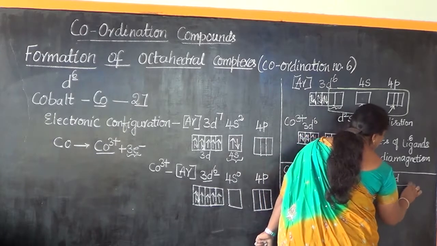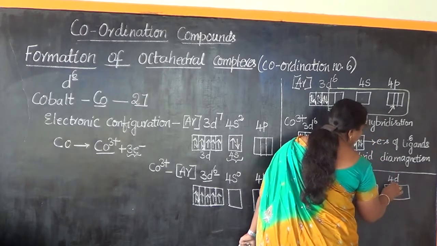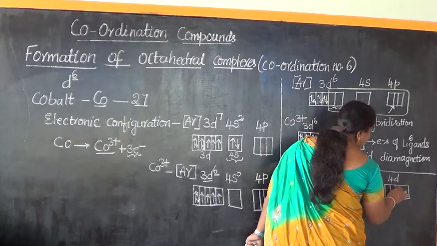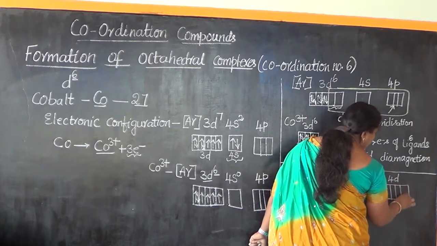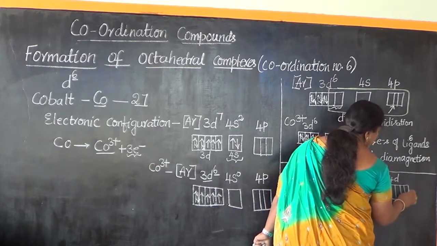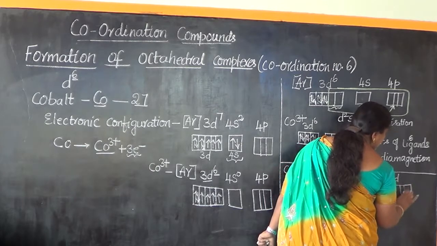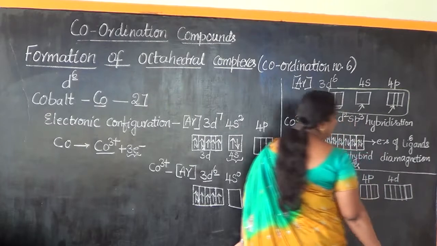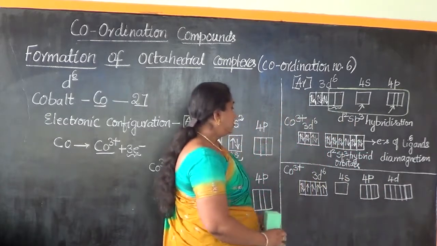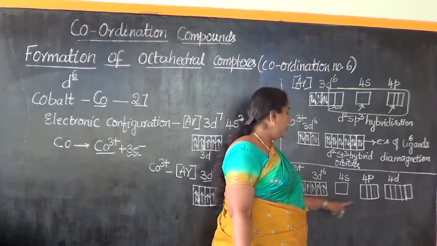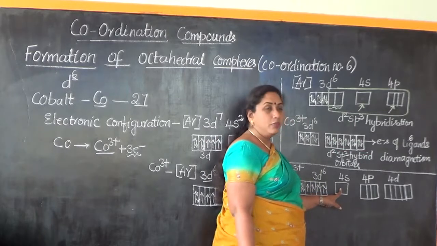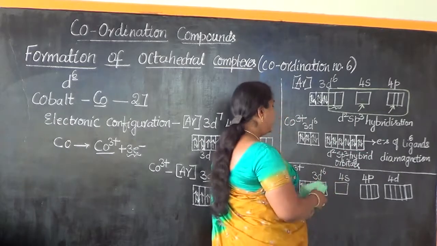Now there are also orbitals of 4d, which are 5 in number. So there are 5 of the 4d orbitals, 3 of the 4p orbitals, 1 of the s orbital, which are all empty.